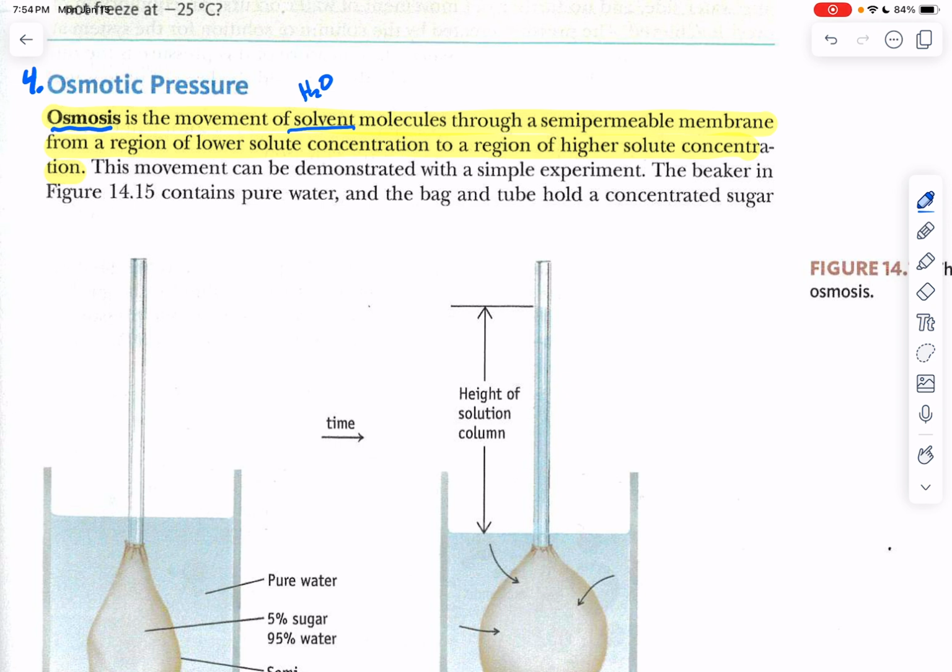Through a semi-permeable membrane, sometimes called a differentially permeable membrane. What is implied by that is that it's selective. It allows some particles to travel through the pores or openings in the membrane, and other particles cannot travel through, generally because they're too big. So it's selective in that respect.